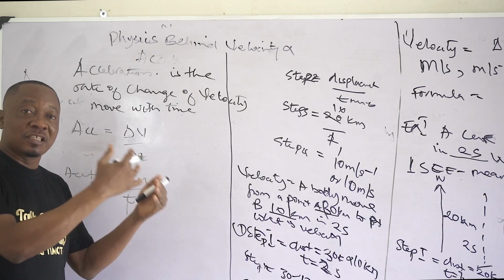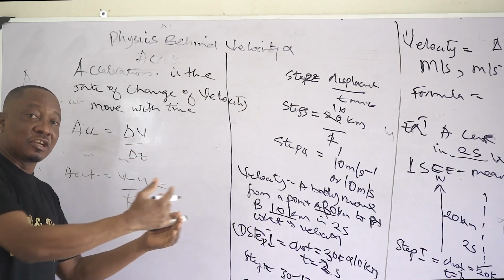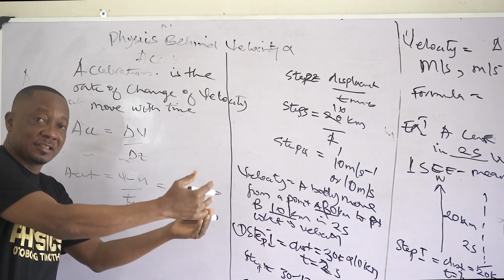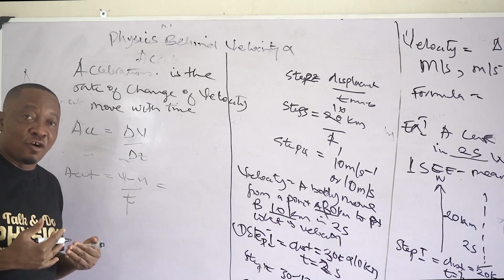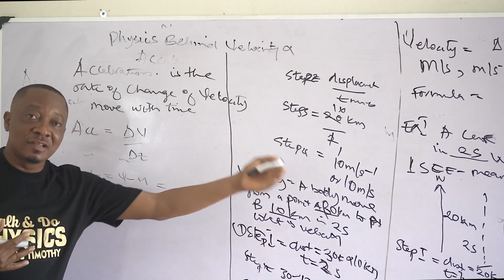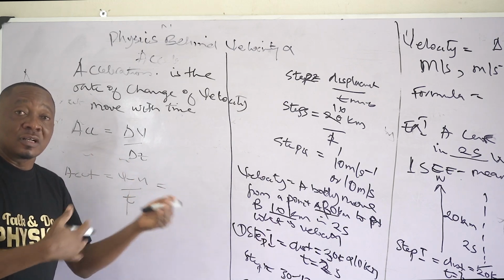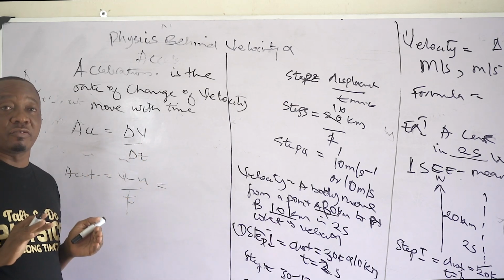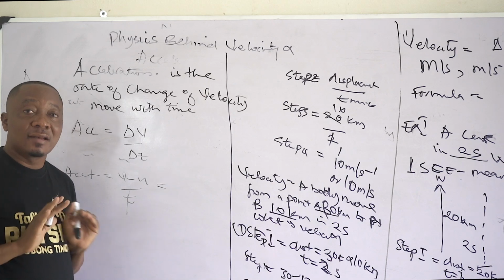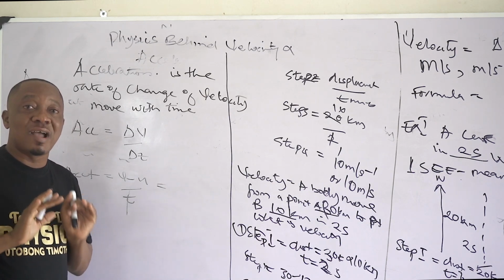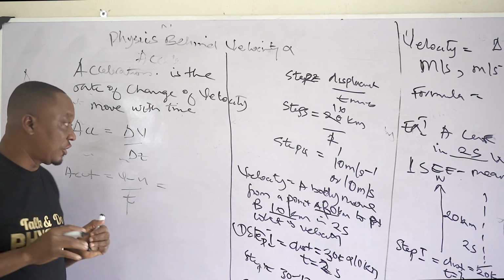And non-uniform acceleration is that as the velocity decreases, the time increases. So for instance, non-uniform acceleration is when you are driving your car and you get to a traffic, something stops you, maybe the traffic stops you. That means that the velocity will decrease. Or you press the brake of a car, that means that the velocity will decrease.